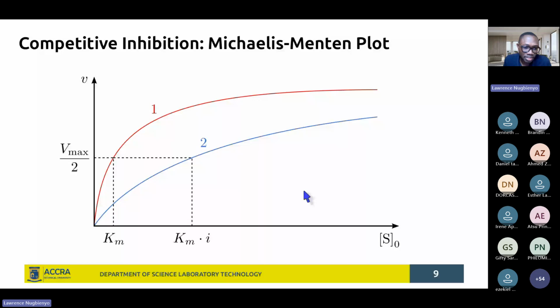Now, what you notice is that the Michaelis-Menten constant, which is the substrate concentration at which half of the maximum rate of reaction is reached, has increased for the inhibited reaction, which is the blue curve.